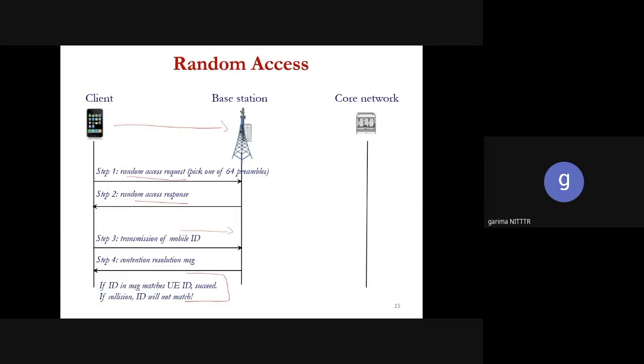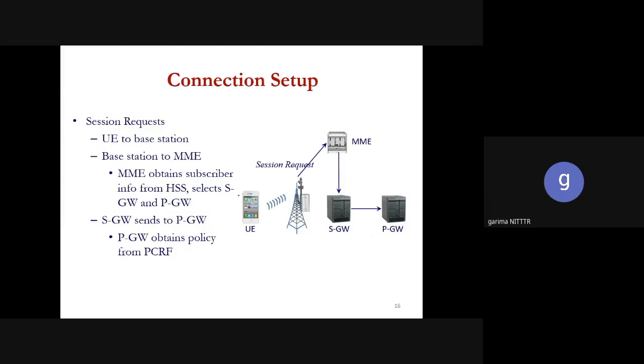Connection setup works like this: whenever you want a session request, you dial some number and you want it to get connected to that particular user, so you send that request to the base station, or eNode B, you can say.